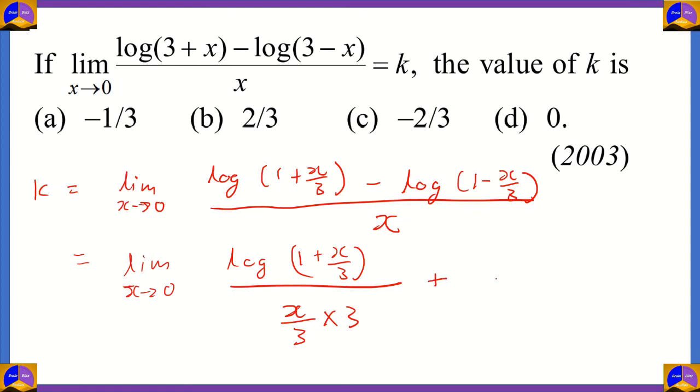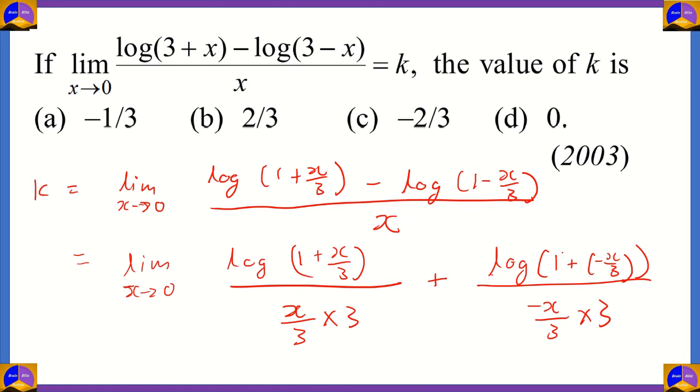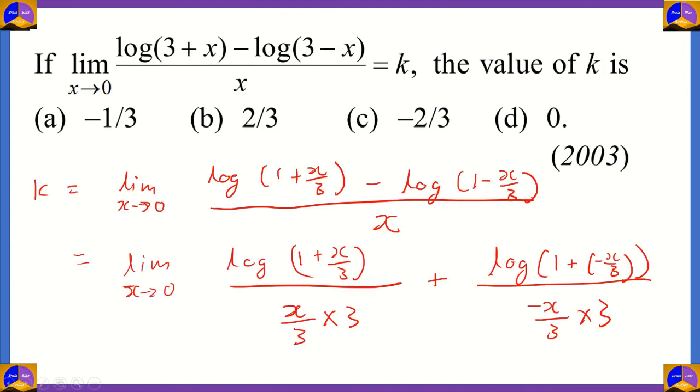So when you add the second part, it'll be log of 1 plus minus of x by 3 divided by minus of x by 3 into 3. So basically what we're doing is we're converting the equation for k into limit x tends to 0 log of 1 plus x divided by x type, because this whole limit will be equal to 1. So it's easier to solve this way.